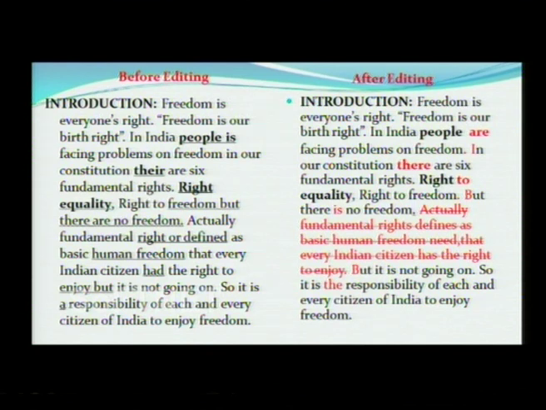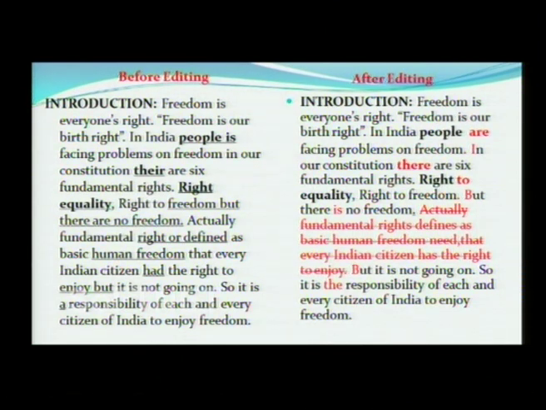See here, once again the sentence ended with freedom. The student made an error without putting a full stop there. So we corrected it, and the next sentence started with but, that is, capital B is inserted there. It is corrected like that. There is no freedom. See here, actually the student wrote, there are no freedom, but it is corrected as there is no freedom.